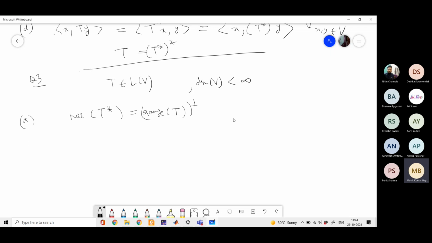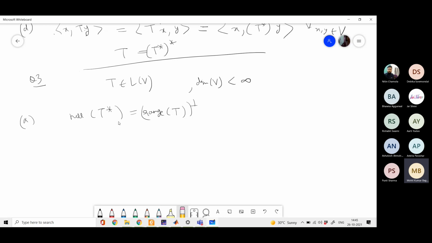Whenever we have to show, let's say we have a vector space and W1 and W2 are two subspaces, and you have to show W1 is a subset of W2 and vice versa. Yes, you can do it that way.